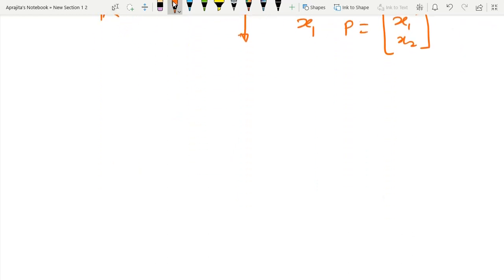Similarly, I can denote the three-dimensional space. So now I have to take help of three real lines, and I am denoting these as x1, x2 and x3.